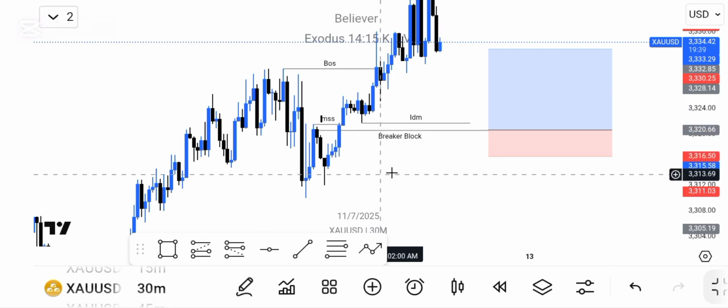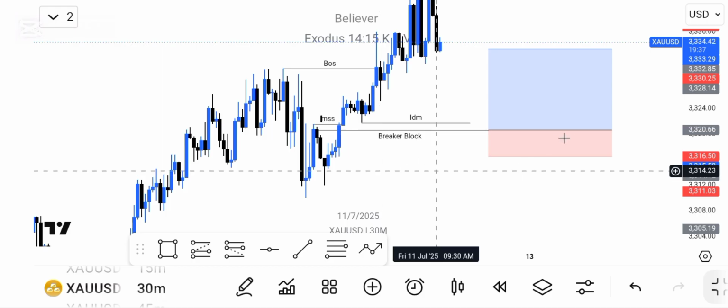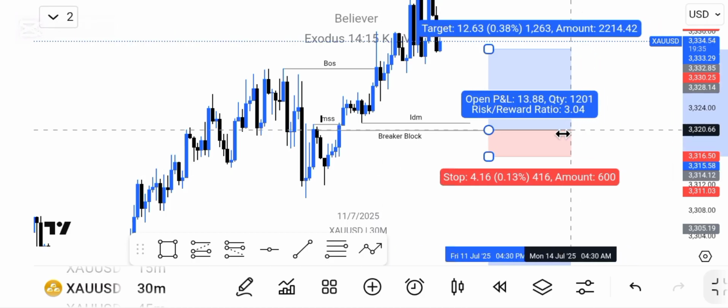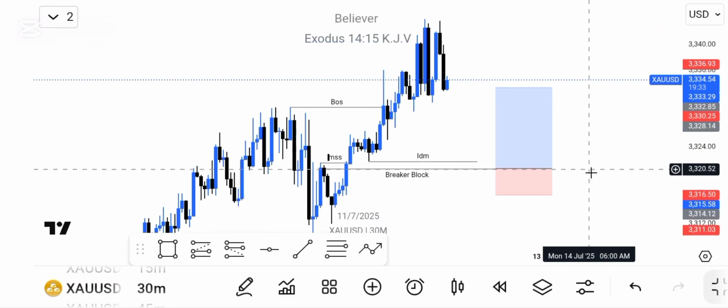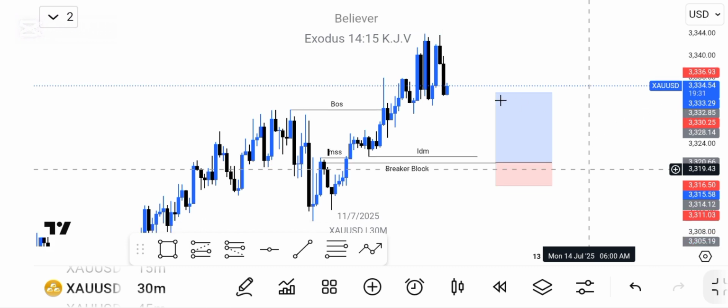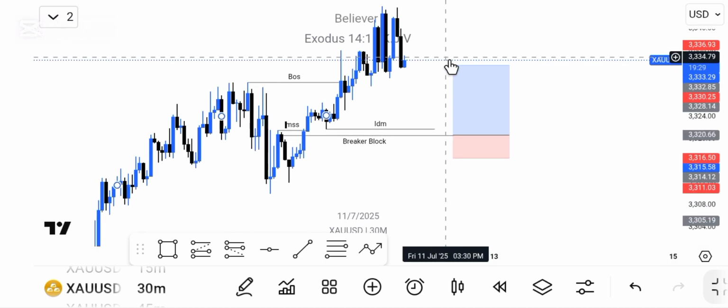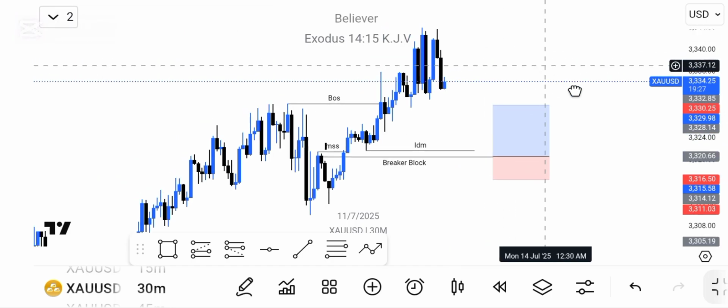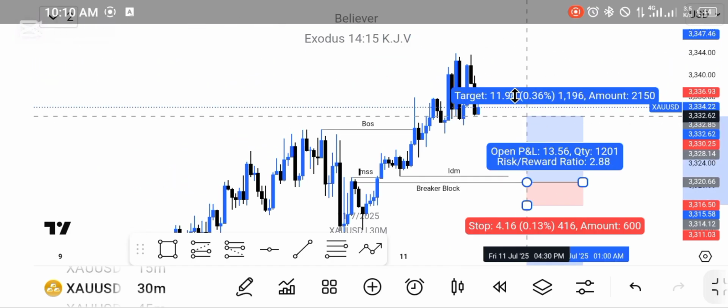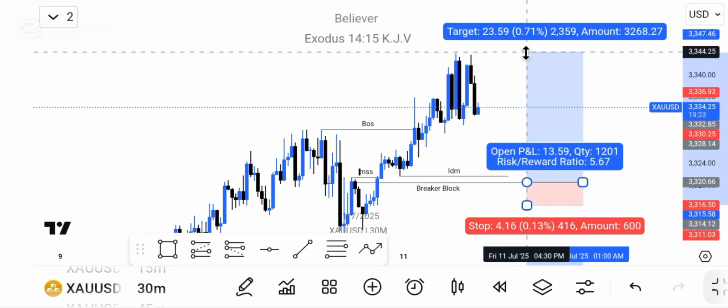All right, then my profit target. Where do I aim as my take profit? Now, with current price, my take profit is going to be on this high here.